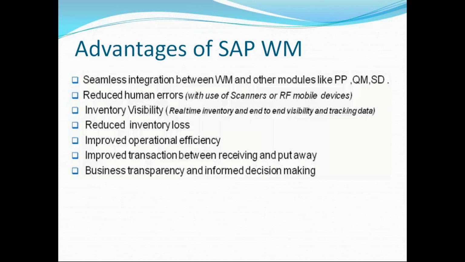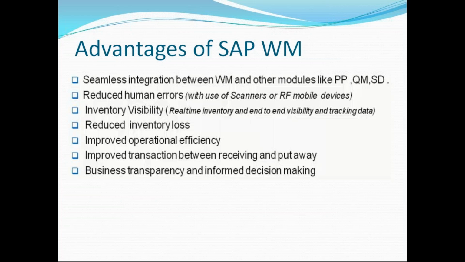Next is improved transaction between receiving and put away. As I already explained, SAP WM is not a standalone module. It has a link between the MM and SD modules.